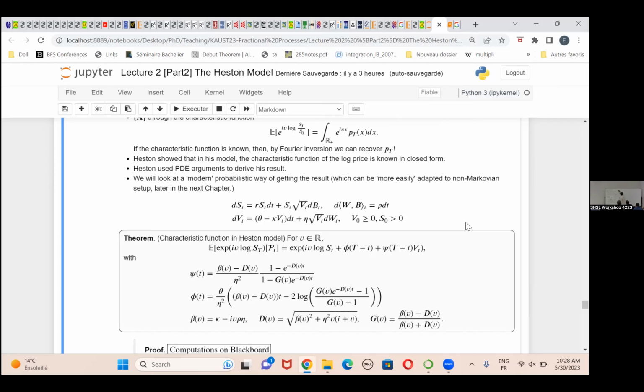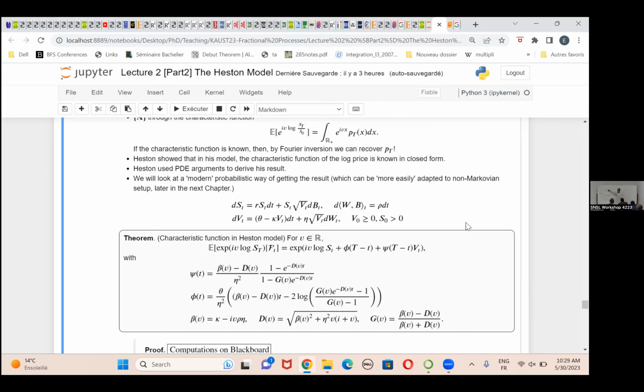So first, what's the terminal value of M? M_T, by simply our computations, will give you exactly exponential of u log S_T, which is exactly the term here. So basically, if I go back to star, I have the expectation of, I can replace this quantity by M_T, knowing F_t.